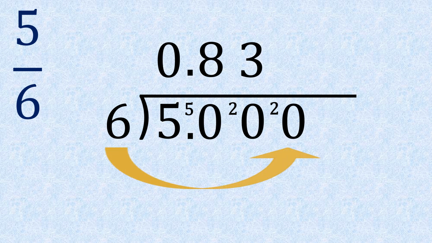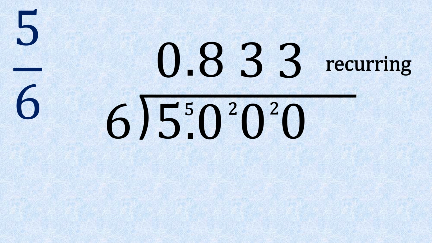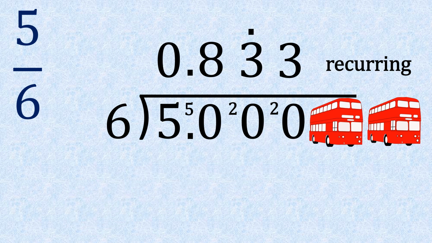So 6s into 20 goes 3 times. So if you can see, we've got 0.833, and this is going to continue all the way down. So this is what we call a recurring decimal. So we need to finish it now, mark the fact we know it's a recurring decimal, and the answer is 0.83 recurring.